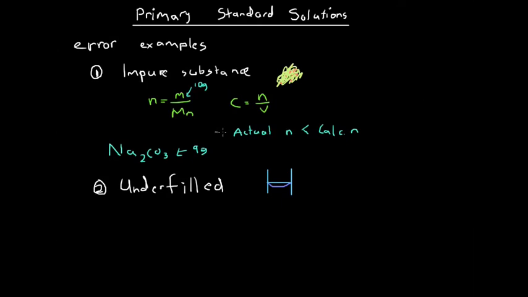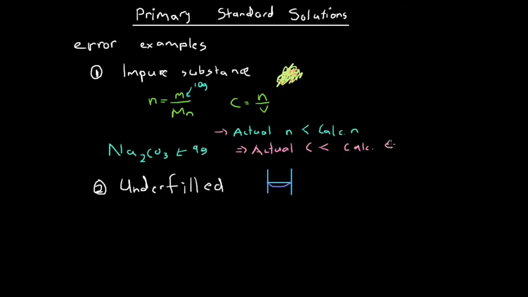Now, if the actual mole is less than the calculated mole, we look at its effect on this equation. Then the actual concentration is also going to be less than the calculated concentration. So we're going through step by step and seeing the result of our errors at each point in the calculation.